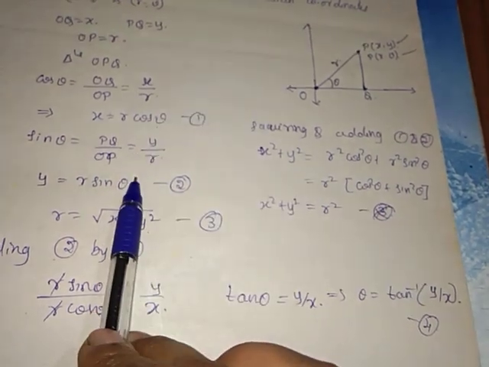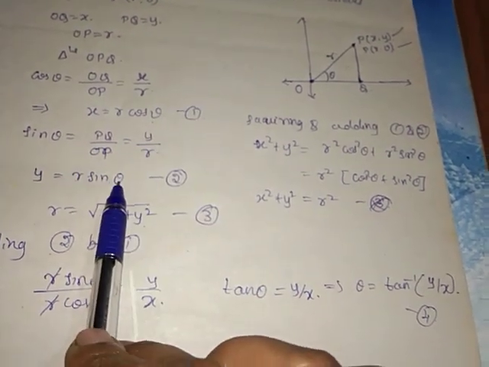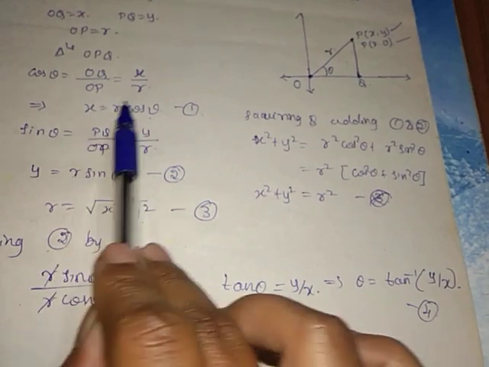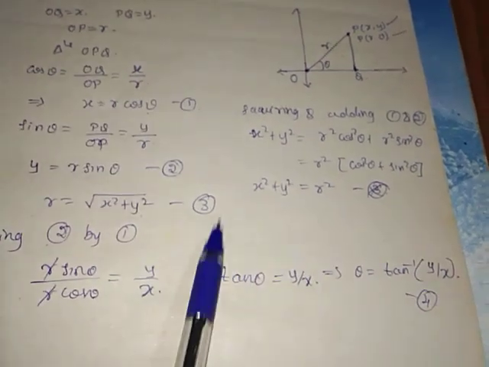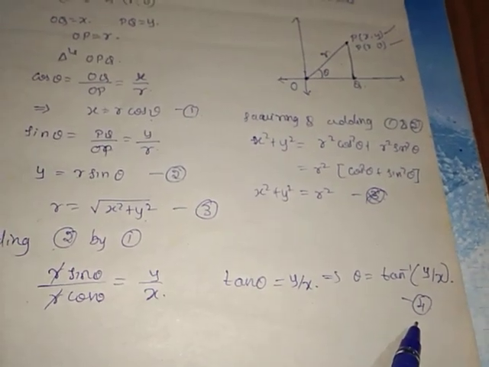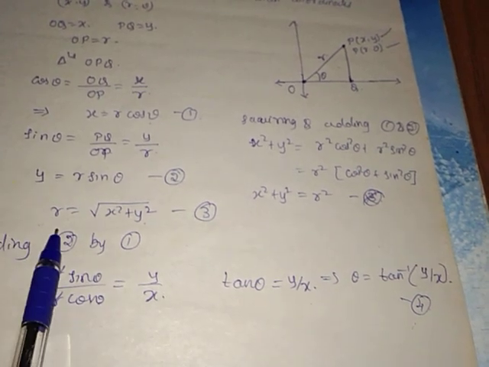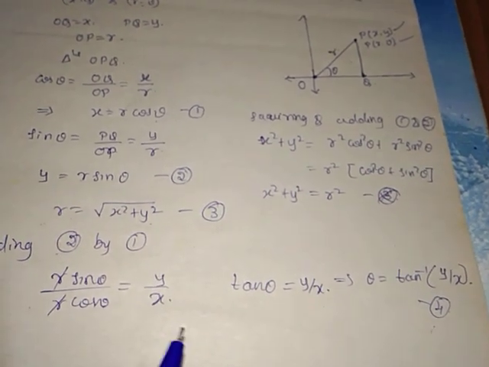From equations 1 and 2, we can express Cartesian into polar. From equations 3 and 4, we can express polar form to Cartesian form.